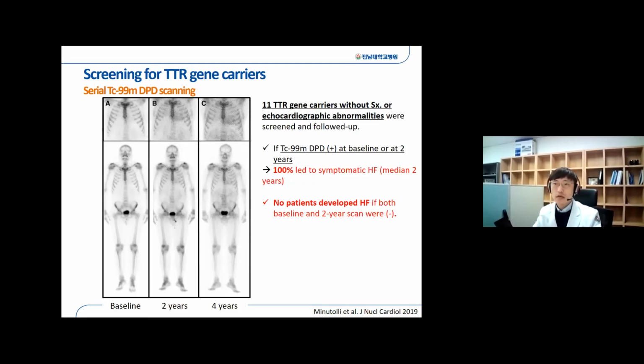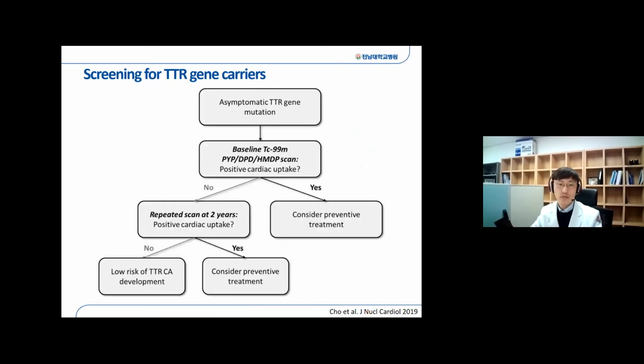So you need to do repeated bone scintigraphy in the screening of TTR gene carriers in addition to the baseline scan. So we reviewed this paper and suggested the clinical assessment algorithm, as you can see here.